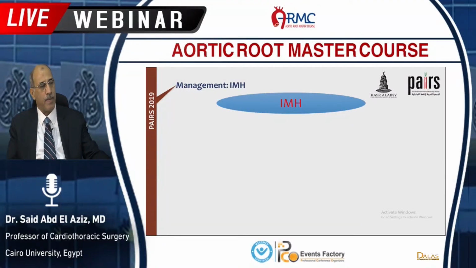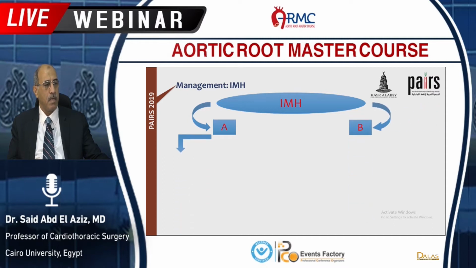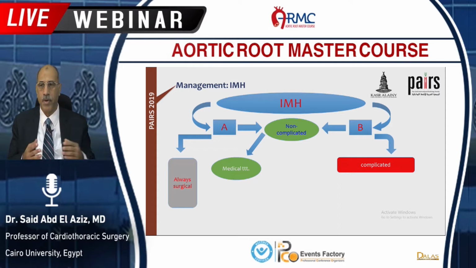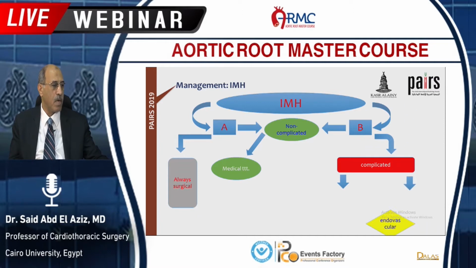So to summarize, for an intramural hematoma, the first line of treatment is always surgical in type A. In non-complicated type B cases we go to medical treatment, and if complicated with a pleural effusion, with rupture, or with an increase in the diameter, then we do either endovascular treatment or surgical intervention.